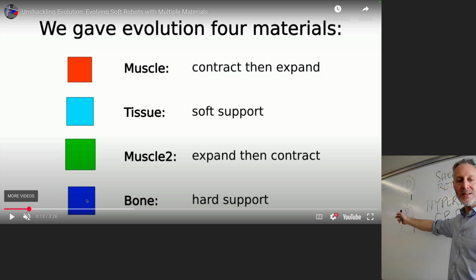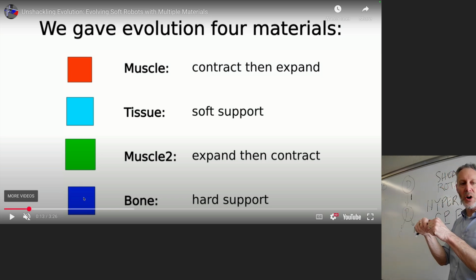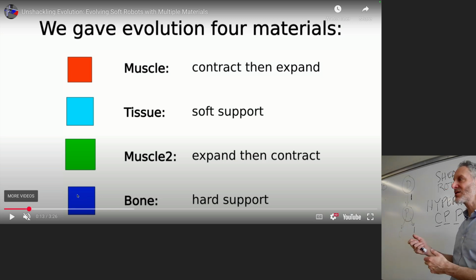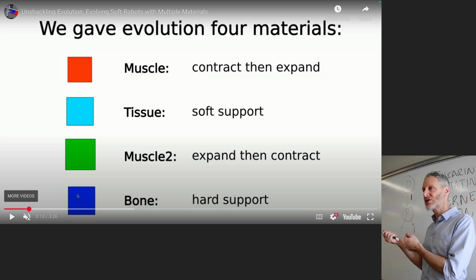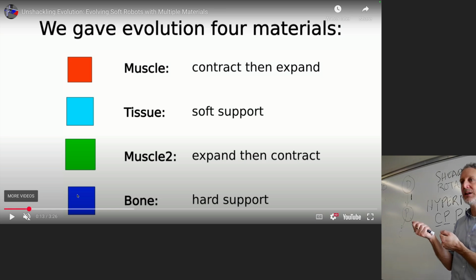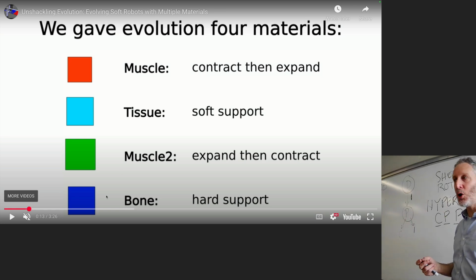If a CPPN paints blue onto any voxel, and that dark blue voxel sends out beams to its neighbors, those beams are steel beams. They're rigid and stiff. So if there are any neighbors of a dark blue voxel and those neighbors pull or push on the dark blue voxel, that dark blue voxel will obey the pulling and pushing. Yeah? We are all collections of fat and bone that work together in particular ways.